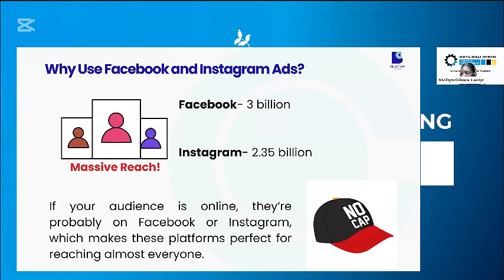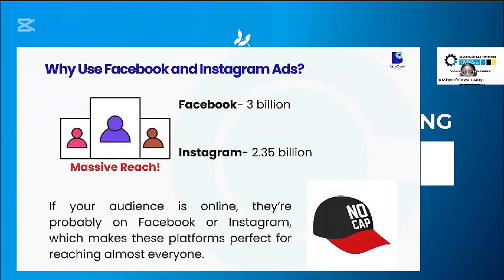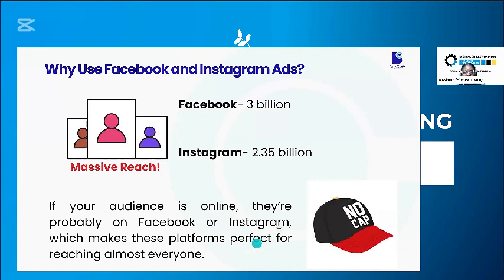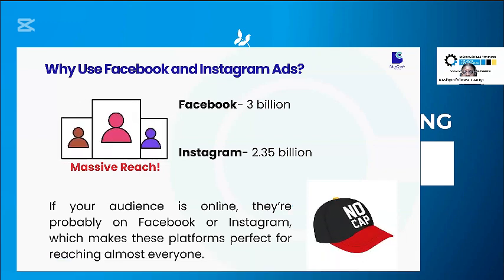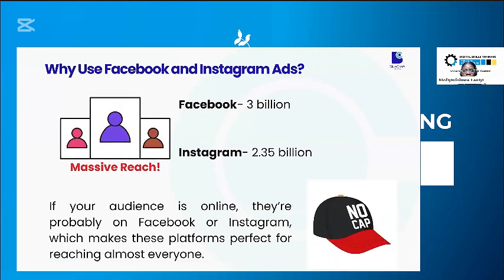And when I say millions, I'm talking about maybe Nigeria. There are millions of people in Nigeria that are still part of these billions that you can easily target. So I've written here that if your audience is online, they're probably on Facebook, which makes these platforms perfect for reaching almost everyone.